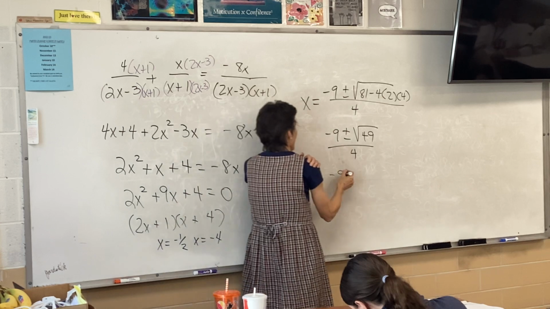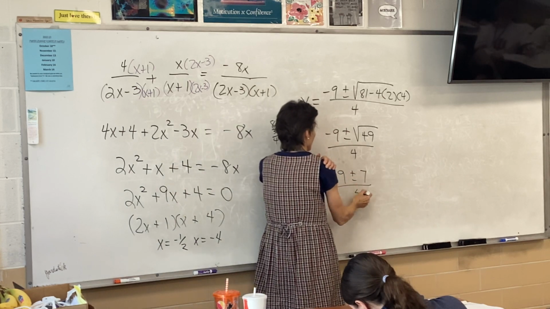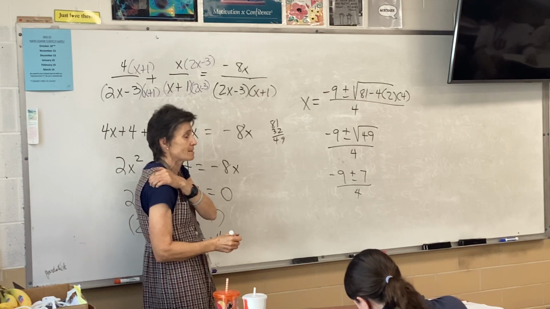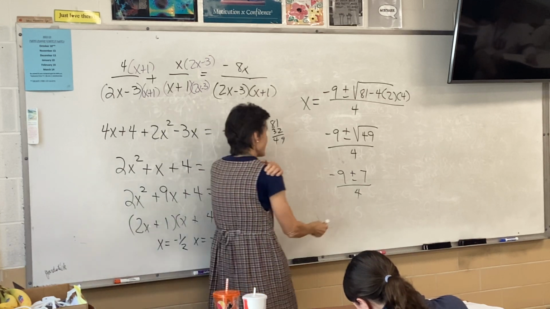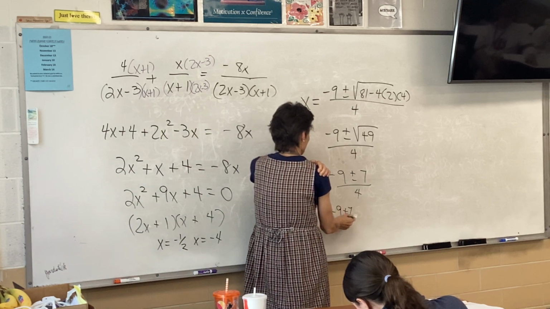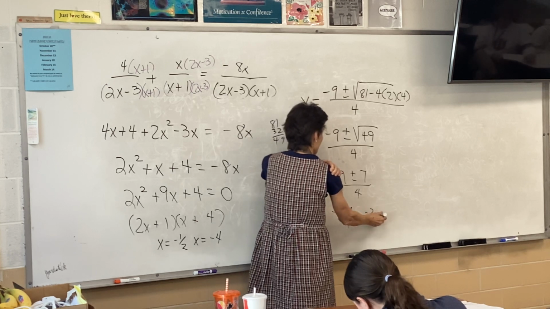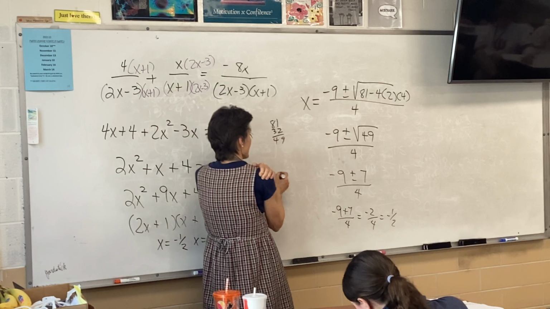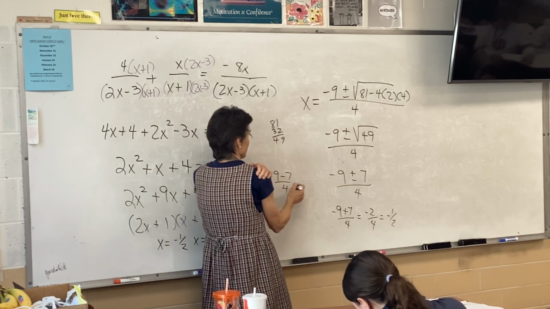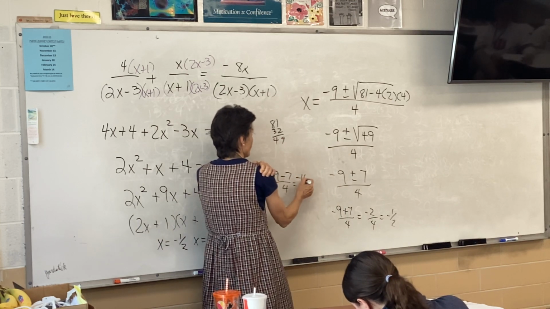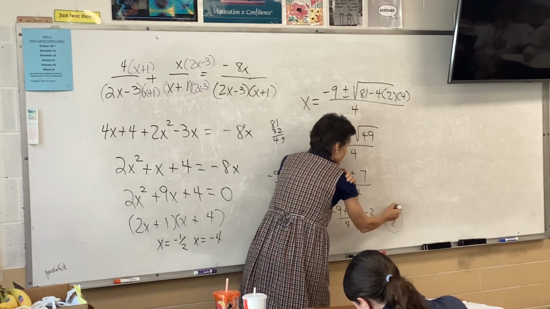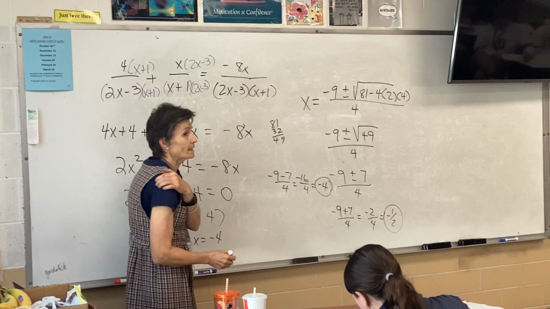So negative 9 plus or minus 7 over 4. Not the square root of 7, it's 7. Square root of 49 is 7. So what's negative 9 plus 7? Negative 2. Negative 2 over 4 is negative 1/2. What's negative 9 minus 7? Negative 16 over 4, which is negative 4. Did we get the exact same two answers? Yes, we did.